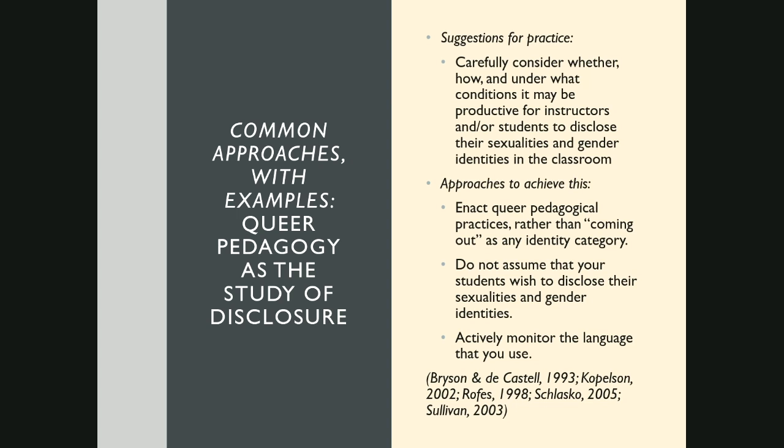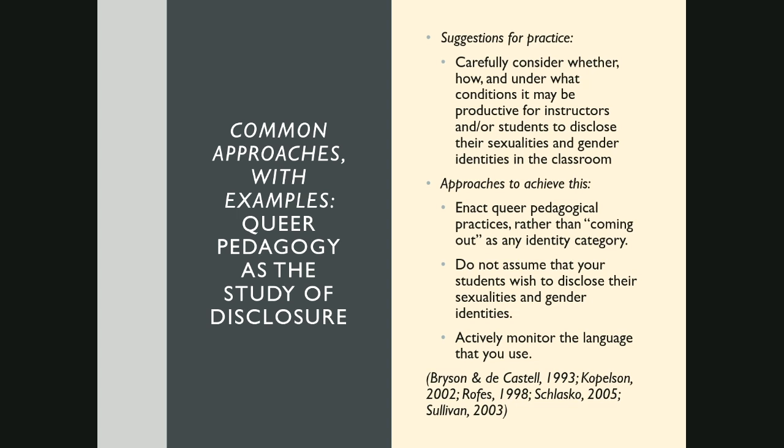But some other more nuanced examples would be thinking about enacting different gendered performances in class. So one example here would be using more masculine performances when you're doing things like setting boundaries and giving assignments, and more feminine performances to draw students out and help them feel more comfortable in the classroom.